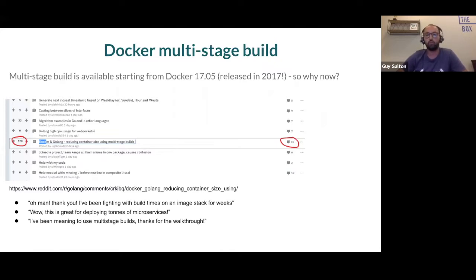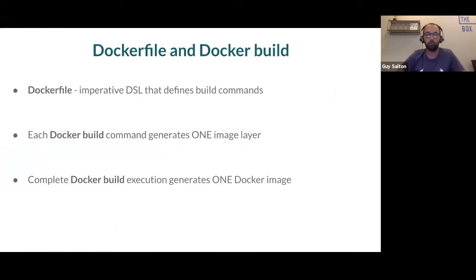So let's start with going over quickly what a Dockerfile and a Docker build are. I guess that most of you who joined are familiar with Docker images, but just to quickly go over this: Docker provides us with an imperative DSL as text, so we can create a list of build commands.